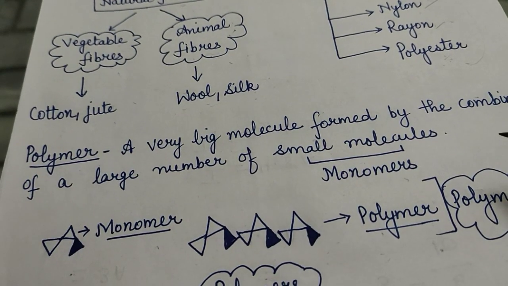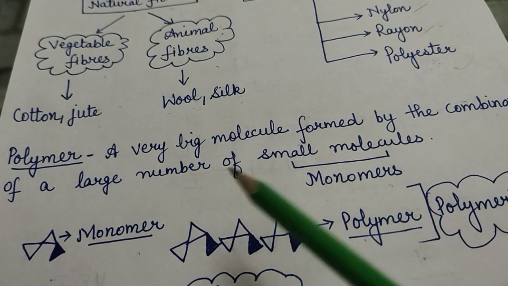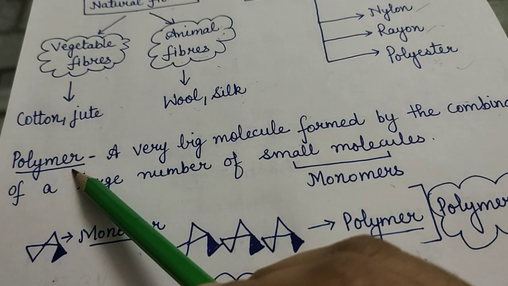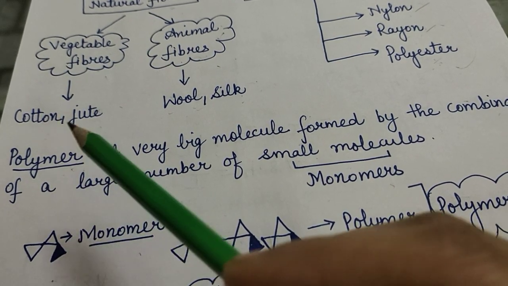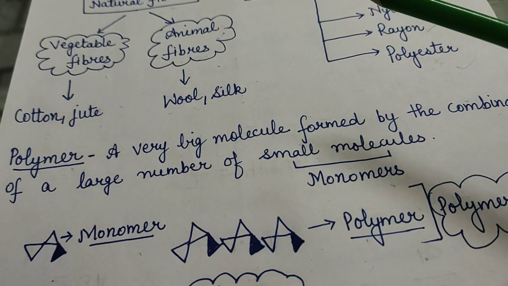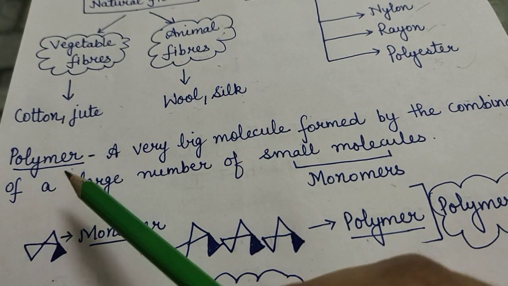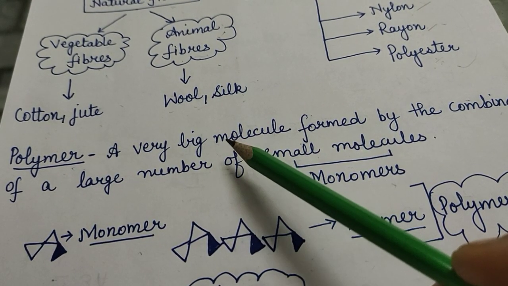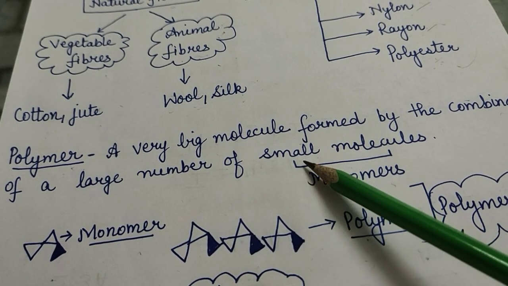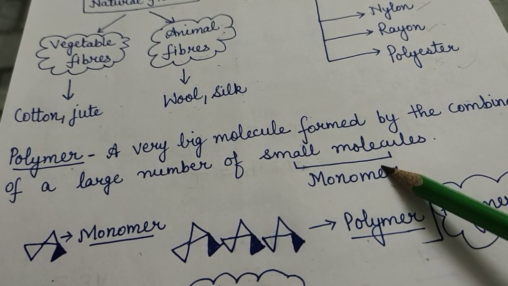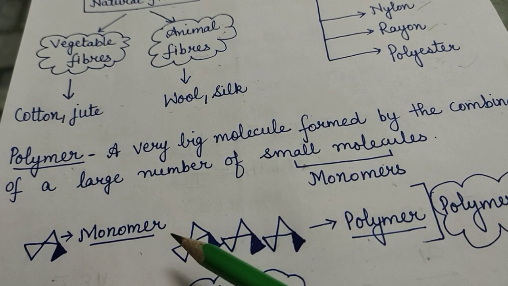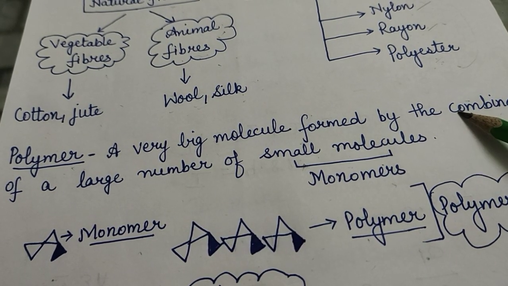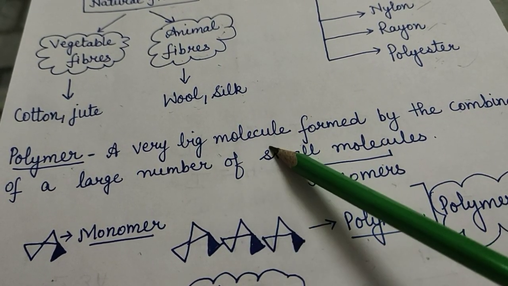And also we have discussed polymer. Now, the question arises: what is a polymer? Poly means many, mer means molecules. That means when many small molecules combine together, they form a big molecule.